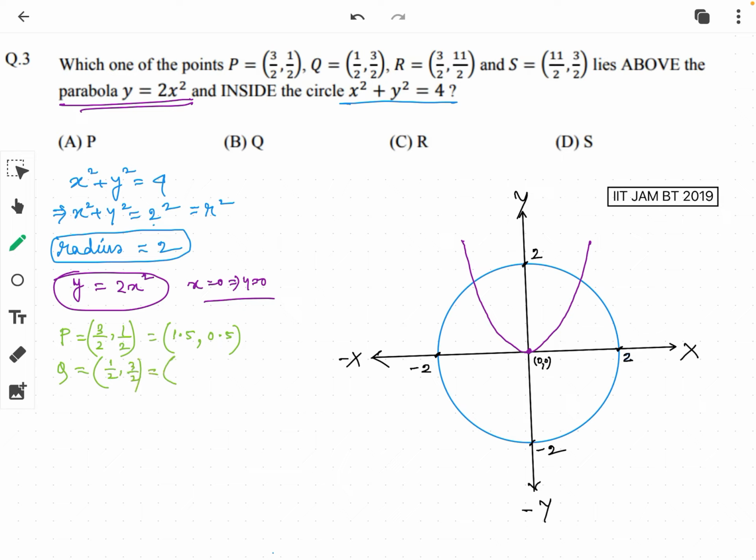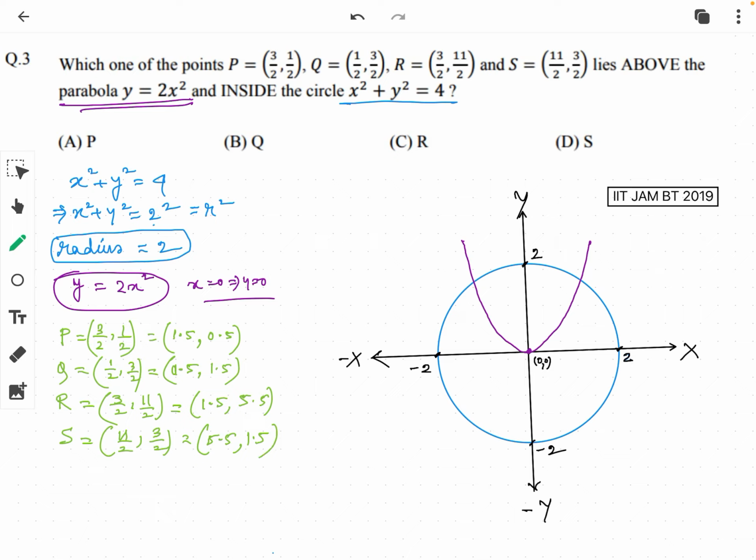That means we can write it as 0.5 comma 1.5. Next point is R equal 3 by 2 comma 11 by 2, that is 1.5 comma 5.5, right? Next is S. S equal 11 by 2 comma 3 by 2, that is equal 5.5 comma 1.5.